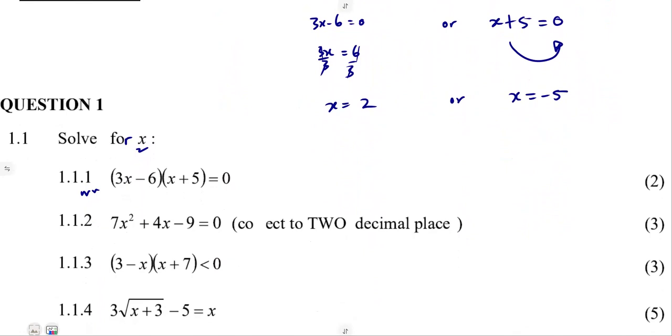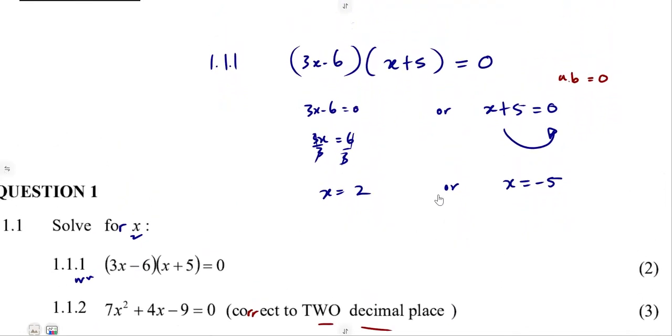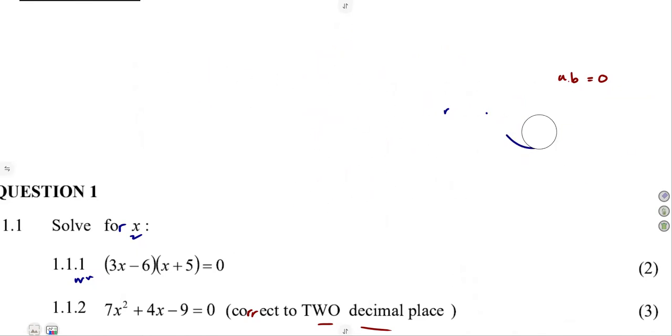Without wasting our time, 1.1.2, a quadratic equation, correct to 2 decimal places. The moment you're given this, you know that you must use your quadratic formula, or you can work with the completing the square method. I'm just going to use the quadratic formula.